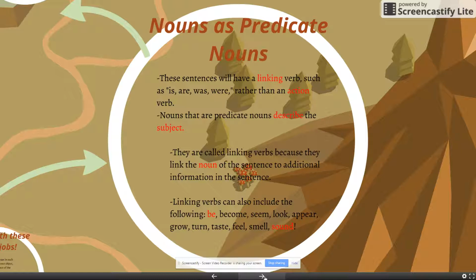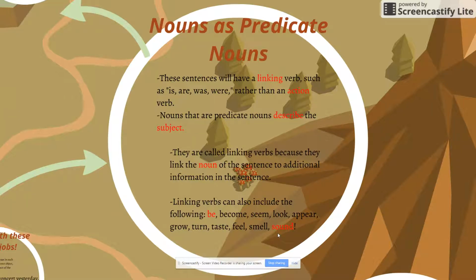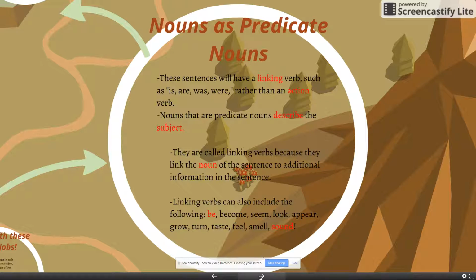Other ones that might be tricky are the be forms, such as become, seem, look, appear, grow, turn, taste, feel, smell, and sound. Now those might sound like action verbs, but they're also actually considered linking verbs. So when you have those, you want to be looking for a predicate noun or a predicate adjective, which we'll discuss when we get to adjectives.